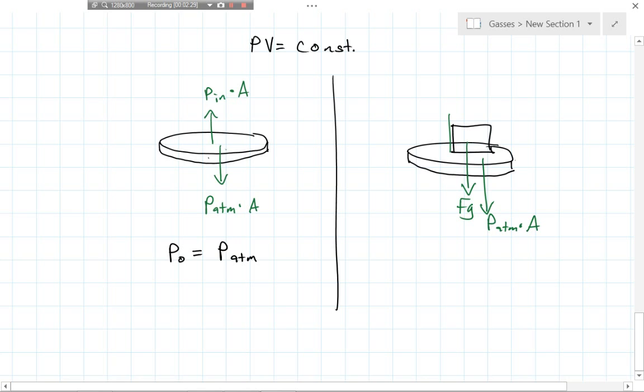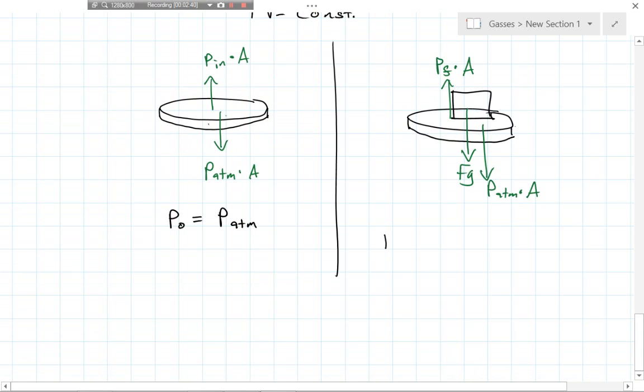And then pushing up, we have the final pressure of the gas inside the container times the area of the lid. If we set these three forces so they cancel out, that means the final pressure inside the container times the area of the lid has to be equal to the force due to gravity of the mass plus atmospheric pressure times the area of the lid.